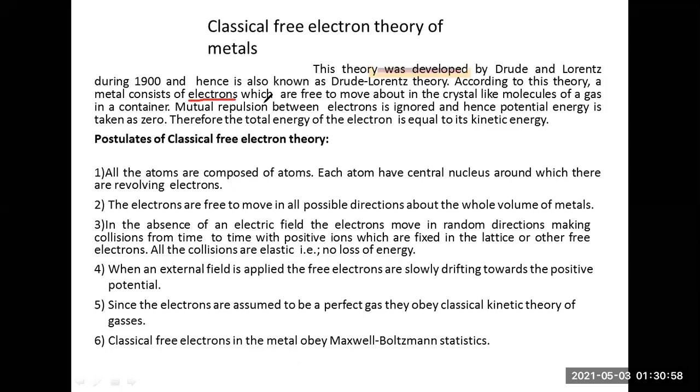Drude and Lorentz assumed that the electrons are free to move inside the crystal, just as the molecules of a gas move in a given container. So these are the different assumptions made by the classical free electron theory regarding the composition of the constituent particles and how the electrons move inside the metal.